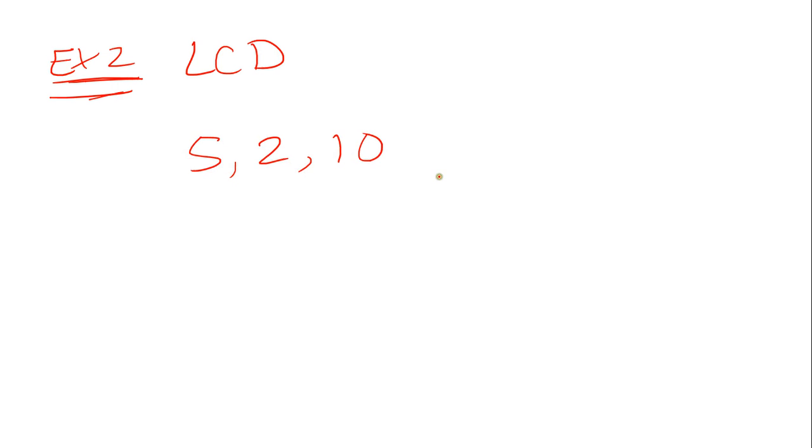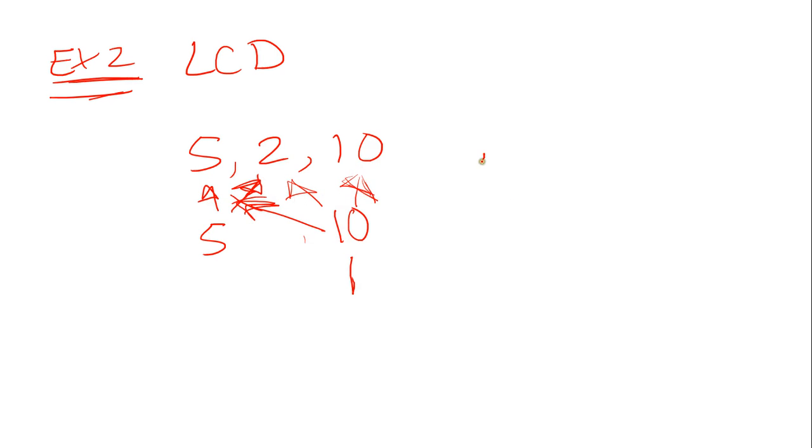Well, let's see here. If I start with 5, that has this as a factor, but doesn't have this. So we already failed. If I tried 10, 10 has 5 as a factor, it has 2 as a factor, and it has itself as a factor.